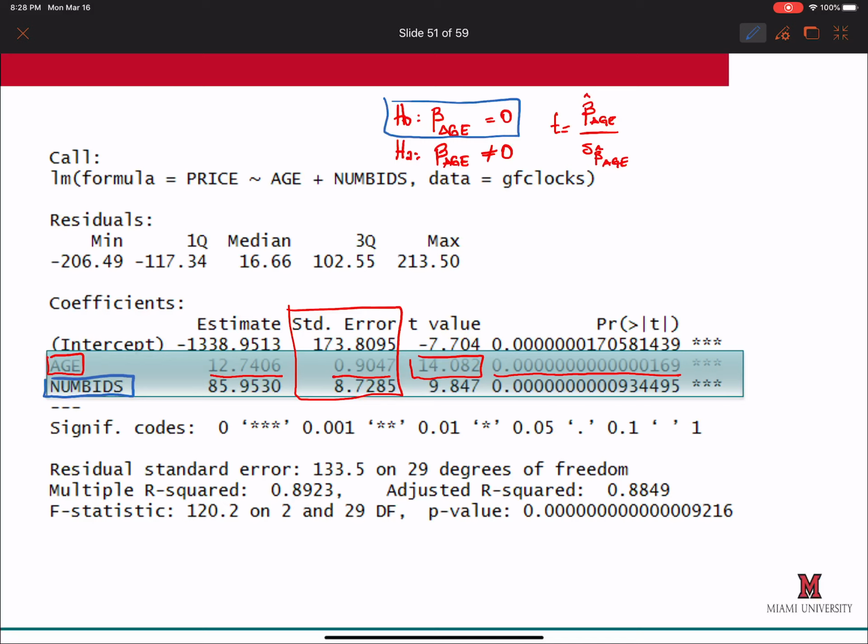It might be that these p-values behave completely differently. And the cases where they behave differently is when there is correlation or collinearity between these two variables. And again, the reasoning is because the standard errors are inflated.